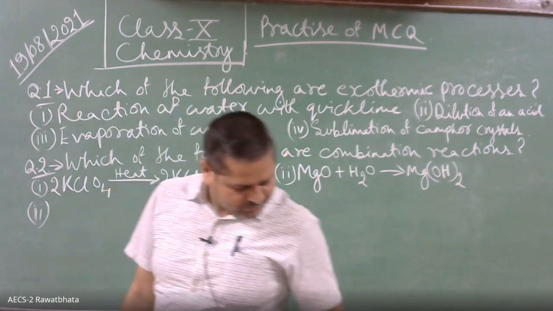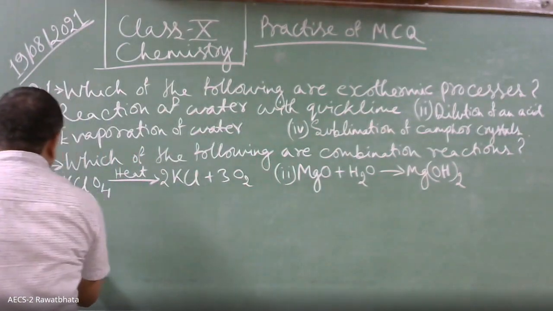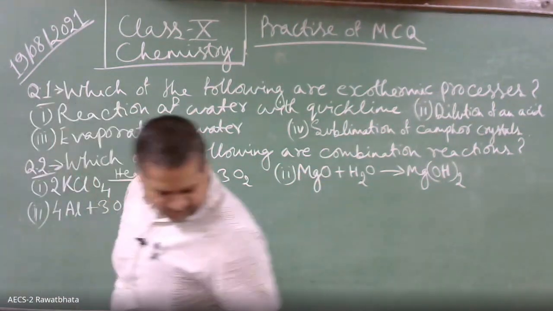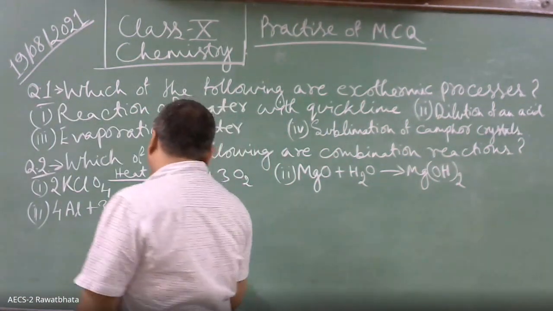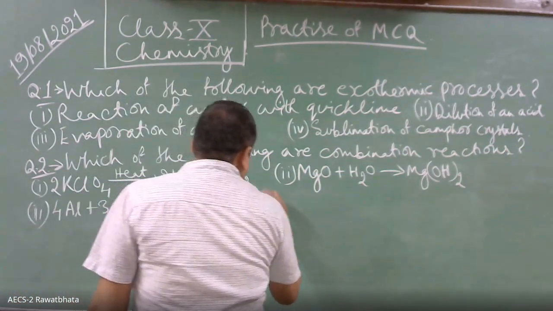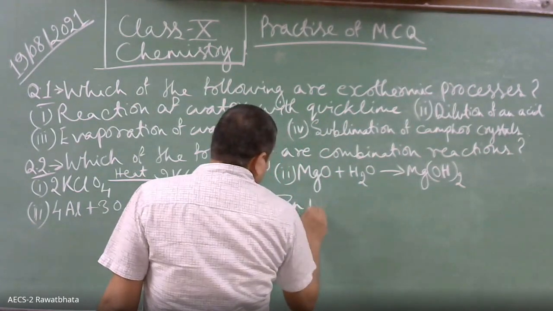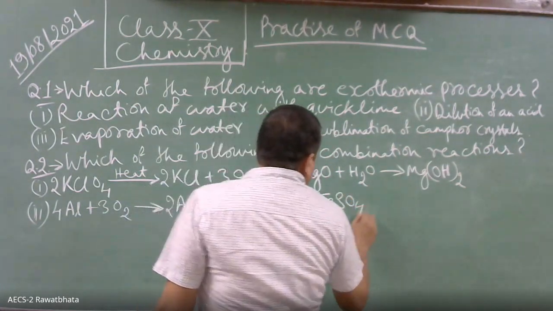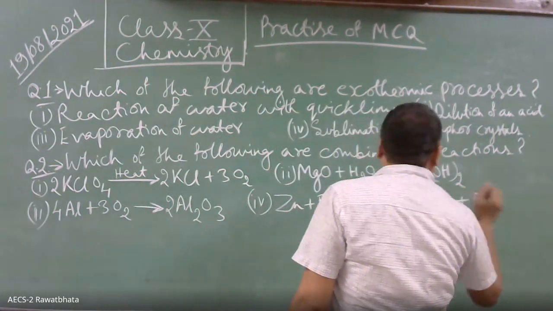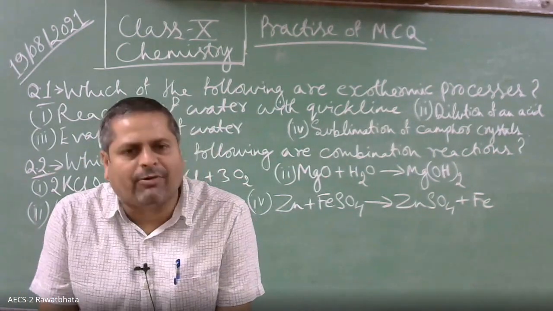Third is 4Al plus 3O2 gives 2Al2O3. Fourth reaction is Zn plus FeSO4 gives ZnSO4 plus Fe. So you have to find out the correct answer according to the given options.